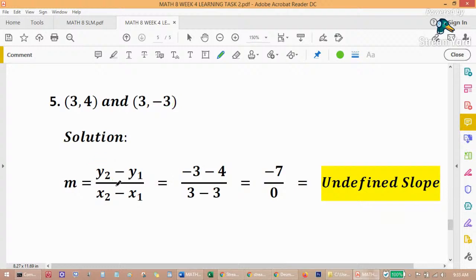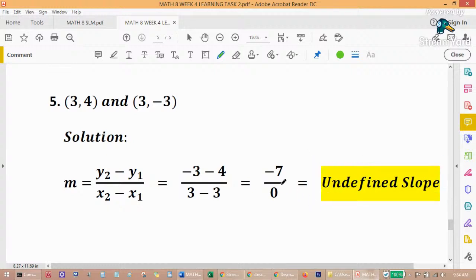Okay? Divided by the second x, which is 3. Minus, we write minus here, since we are just following the formula, the first x. So, our first x is 3, so we put 3 here. Just here at the bottom, we can see that 3 minus 3 is 0. So, when 0 is in the denominator, that is an undefined slope.